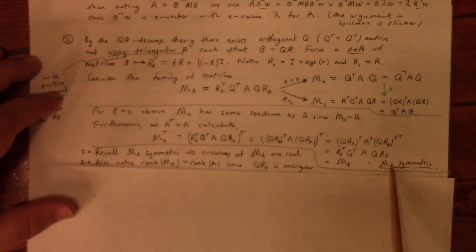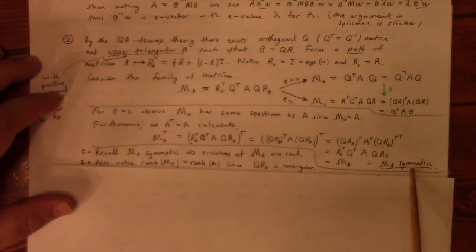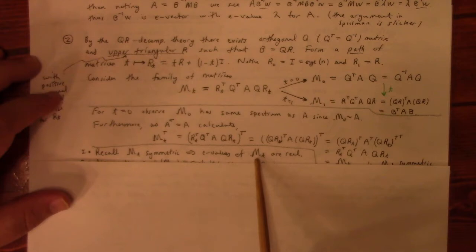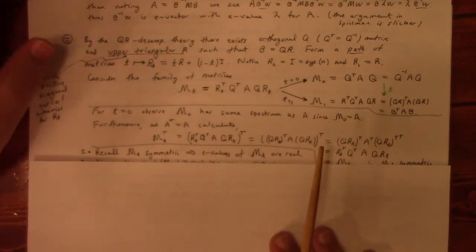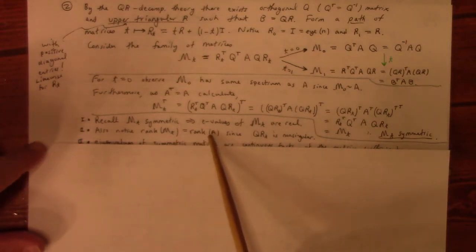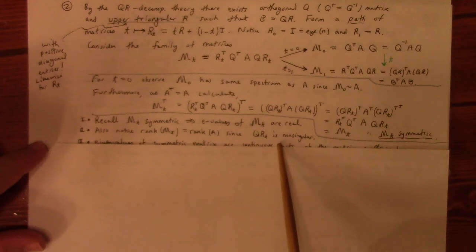So at each time between 0 and 1, M sub T is symmetric, all right? That means at each time from 0 to 1, the eigenvalues of M sub T are real. We can also notice that the rank of M sub T is equal to the rank of A because Q R sub T is non-singular.